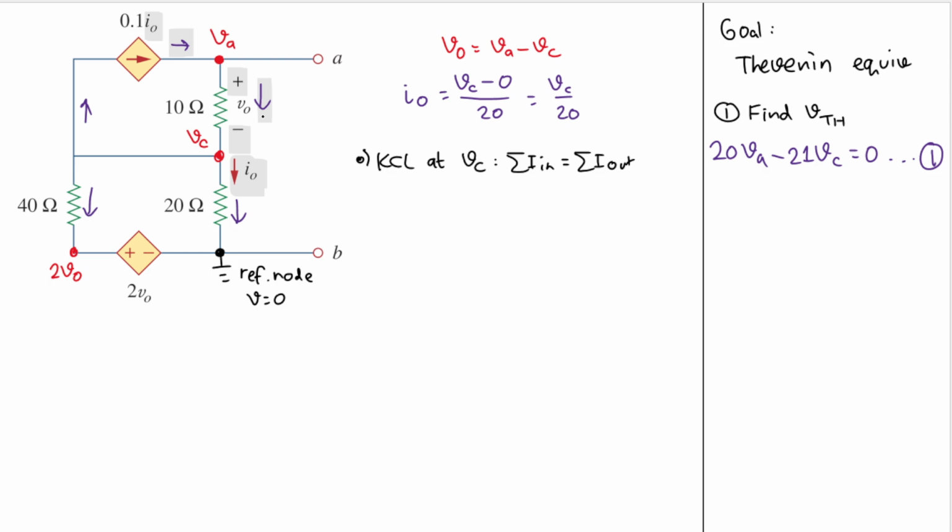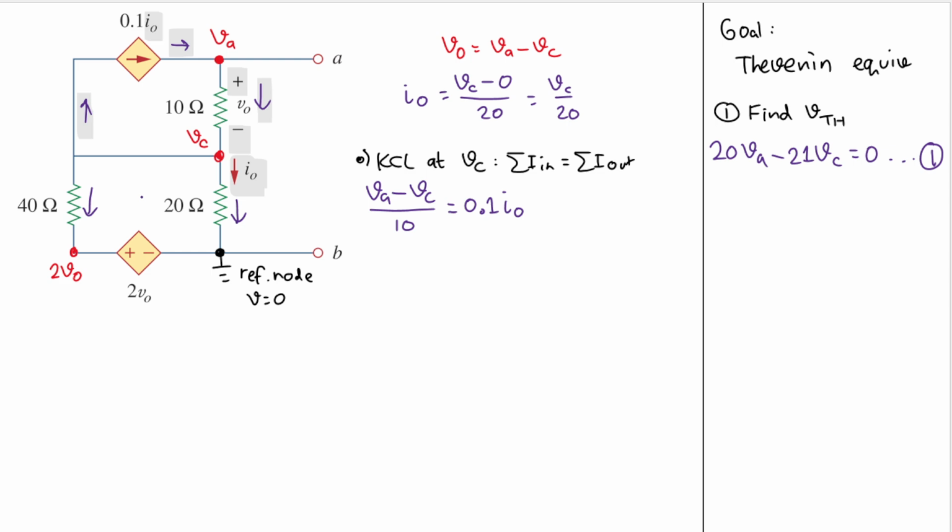The only current going in is this one, and that current is VA, where the current comes from, minus VC, where the current goes to, divided by the resistance between them, which is 10. And all three other currents are going out. We have this one first from VC, and that current is 0.1 IO.